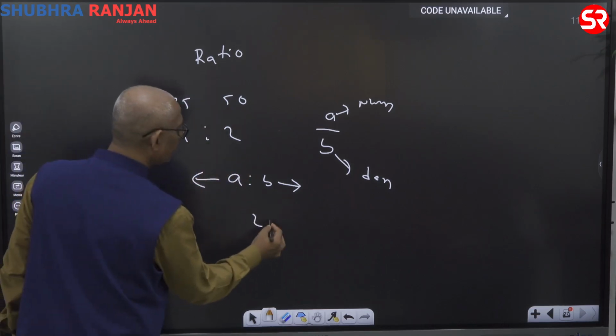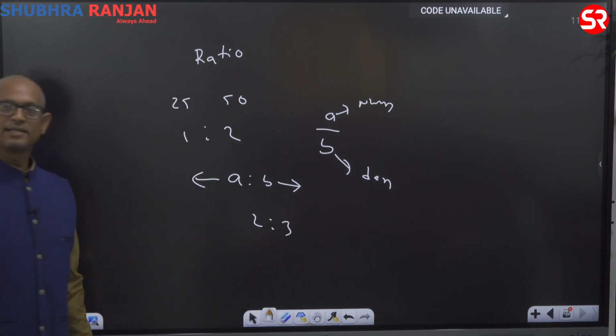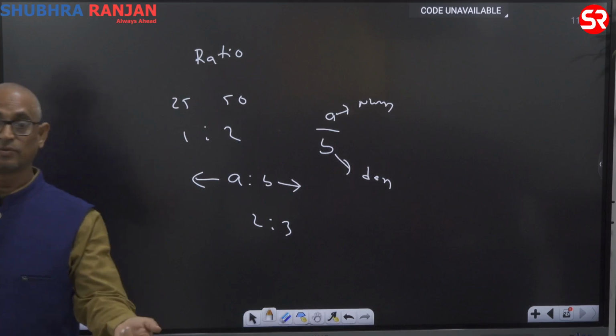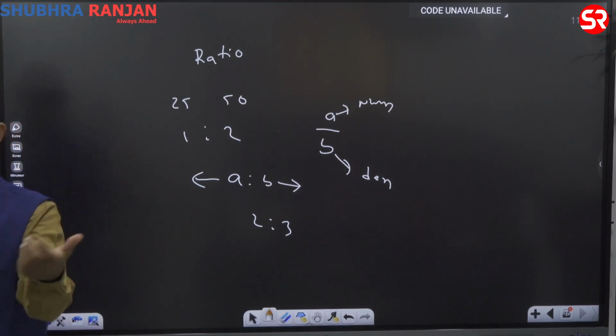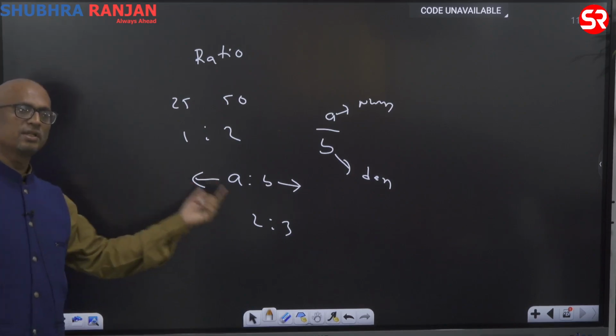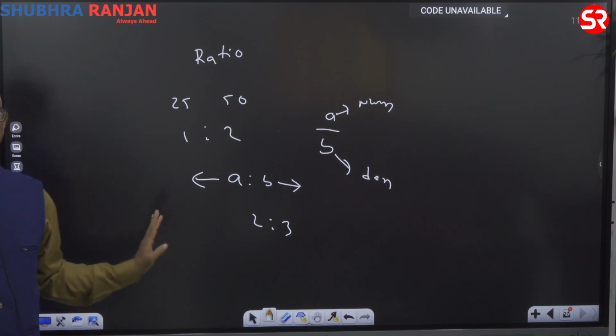If the ratio is 2:3, the antecedent is 20, what is the consequent? But we don't know the vocabulary, we don't know antecedent. That's why we leave that question. Once you know 2 is 20, what is 3? 3 is 30, that's all. Got it?